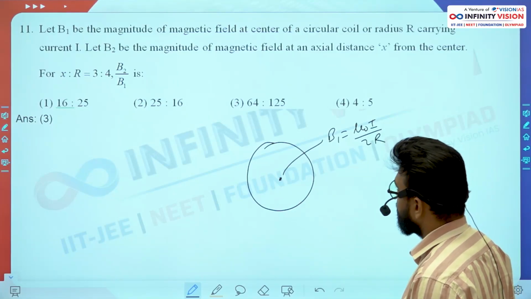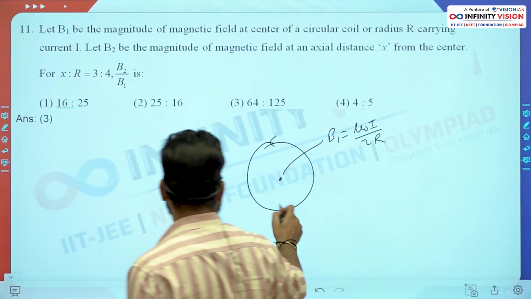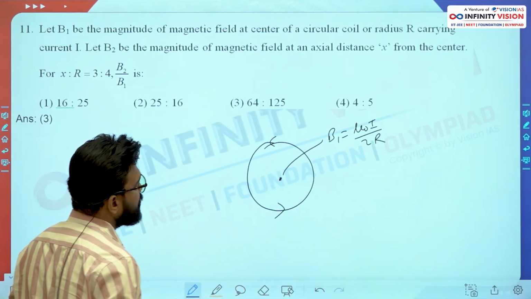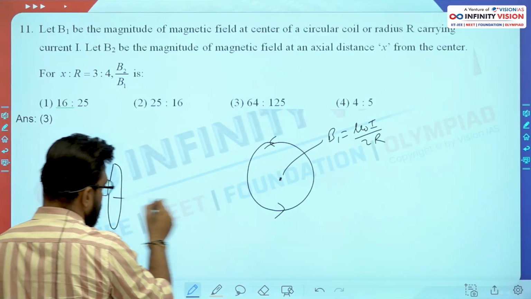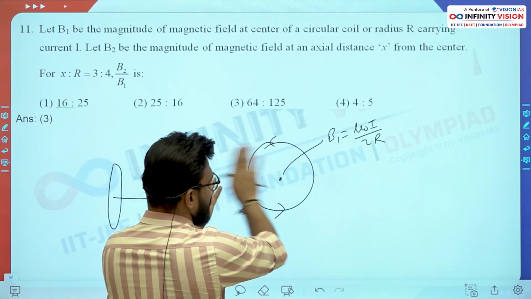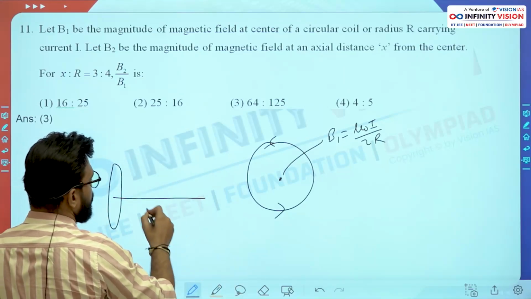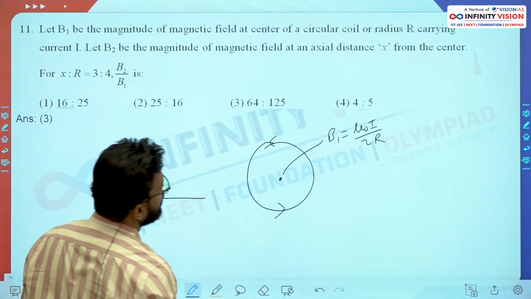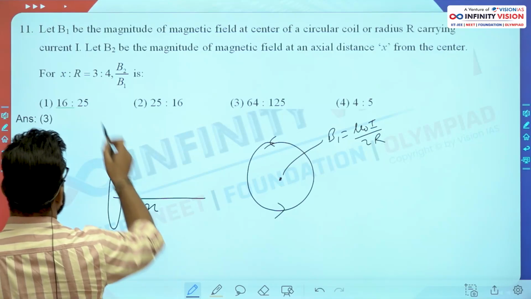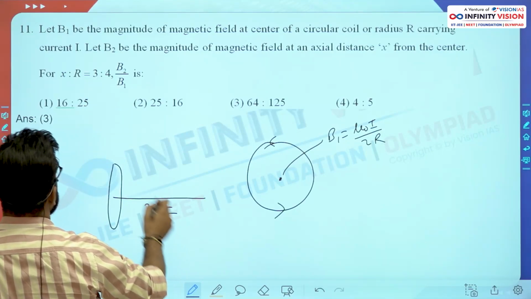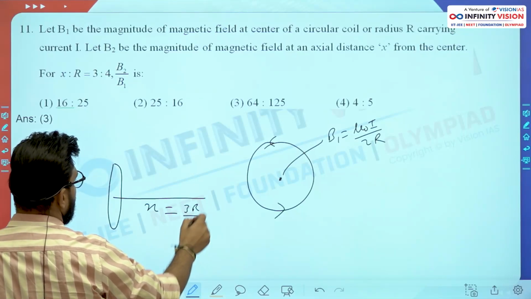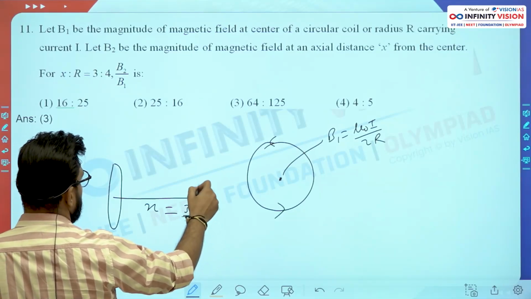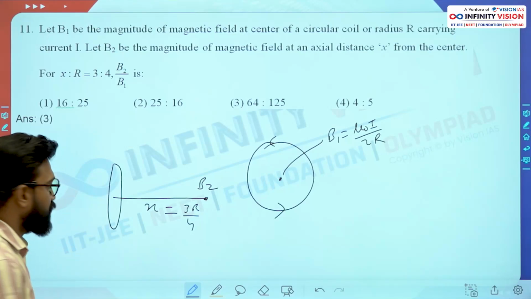Let B2 be the magnitude of magnetic field at an axial point, at a distance of x equal to 3R by 4. The magnetic field comes out to be B2.